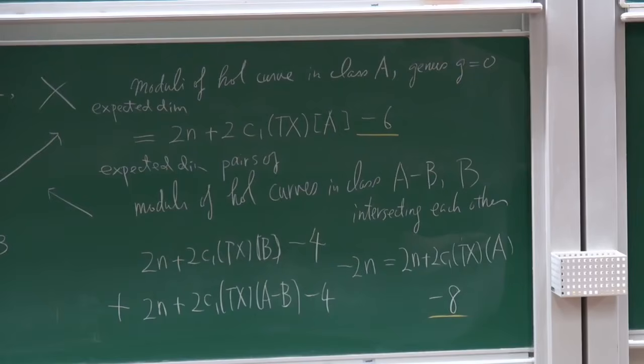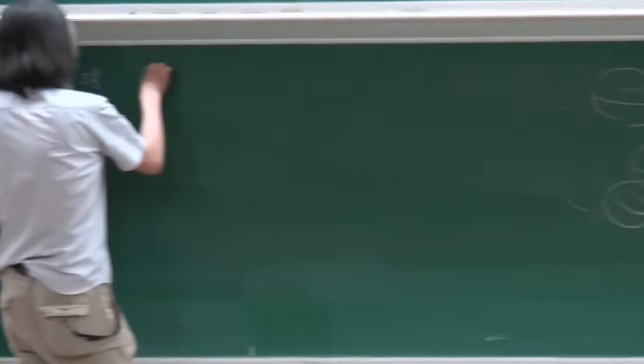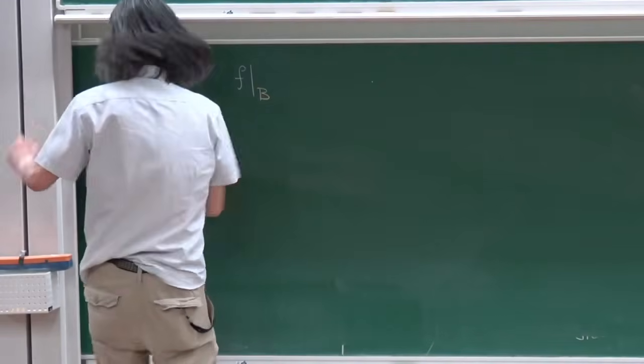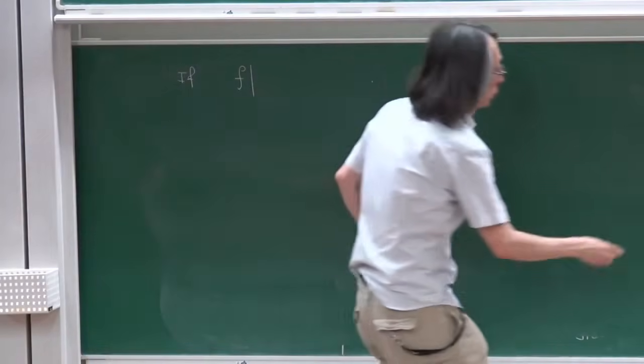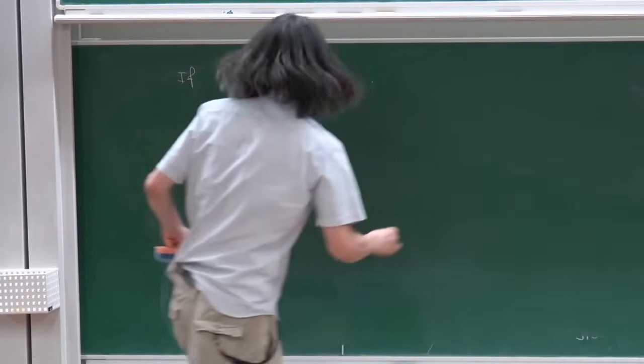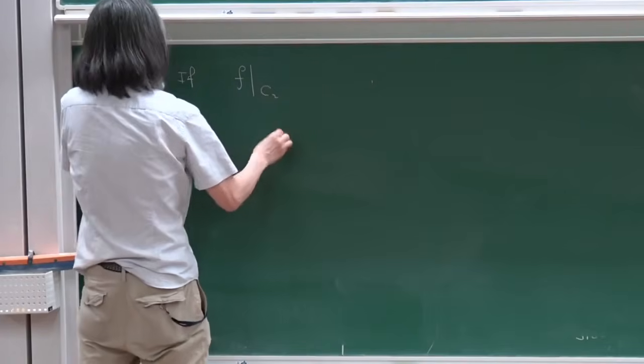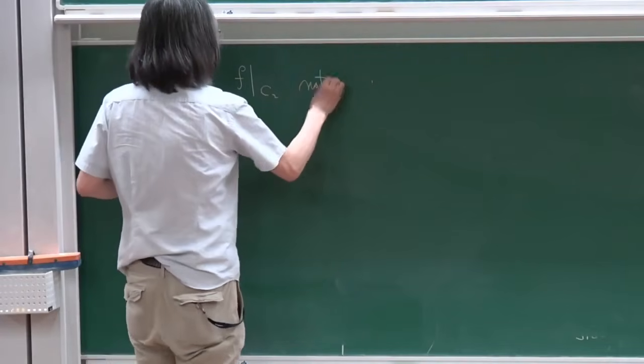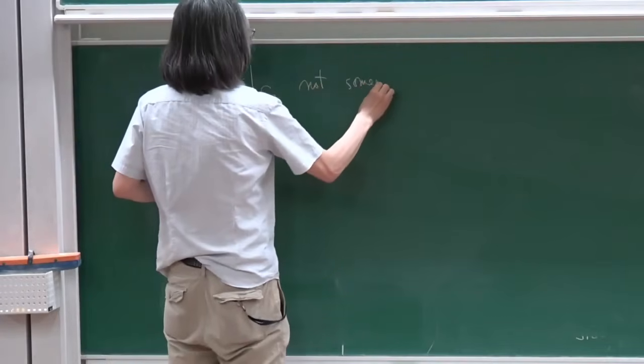But it may happen the following. For instance, I have this component f_n, and this one f. Let's suppose that f restricted to B has two components, C1 and C2, and say this one is not somewhere injective.